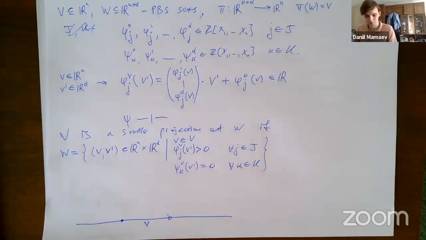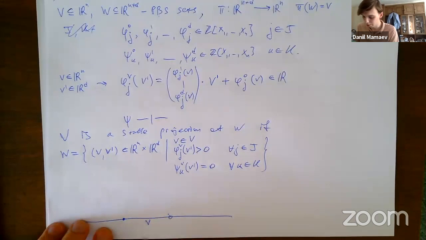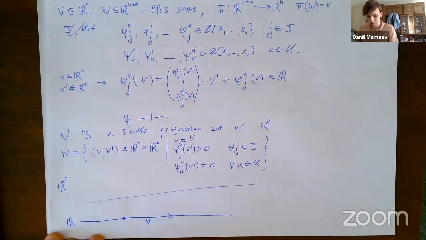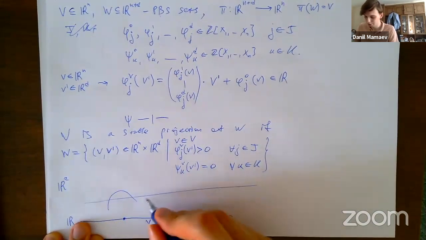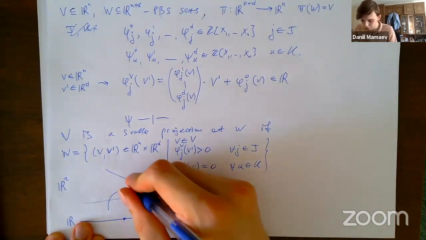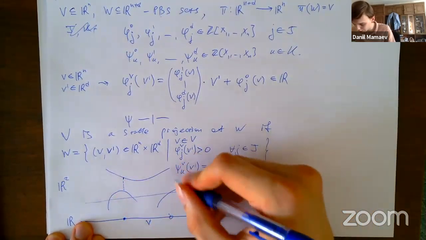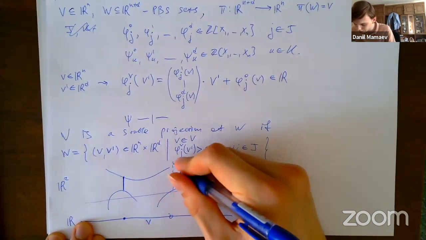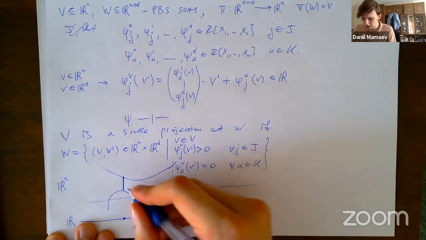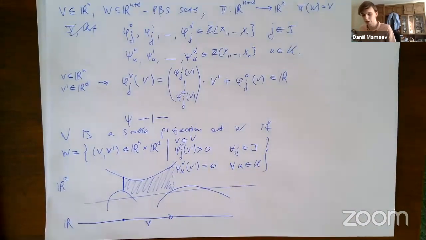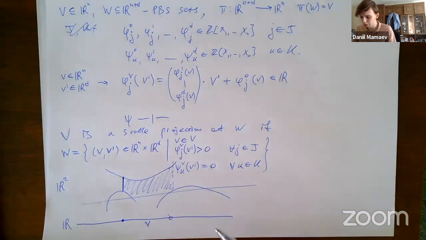Okay, sorry. Let me draw an example. This is R, this is R2. Where is W in this picture? You include this part, you don't include this part, and here is your W. There are no equations in the definition of W here, only inequalities.